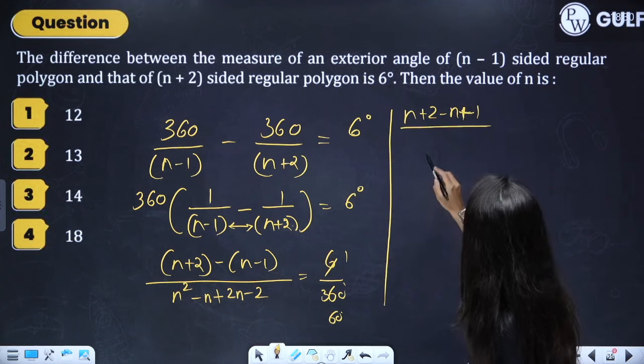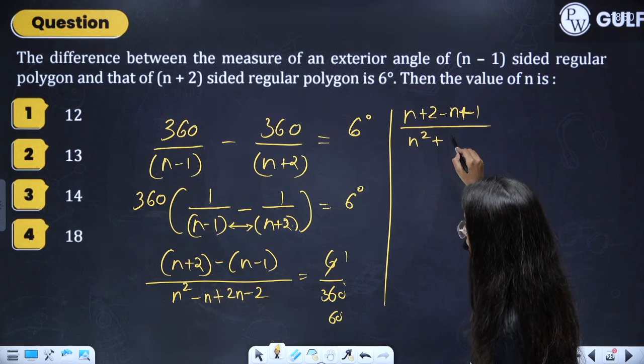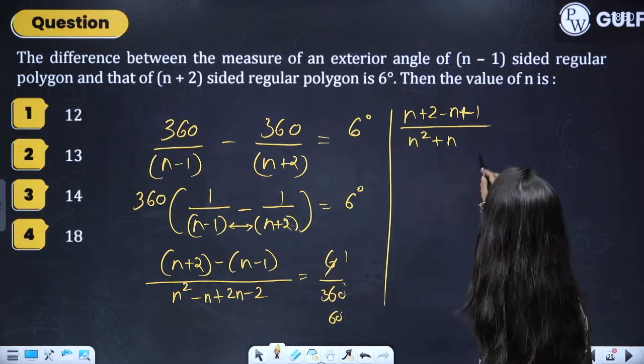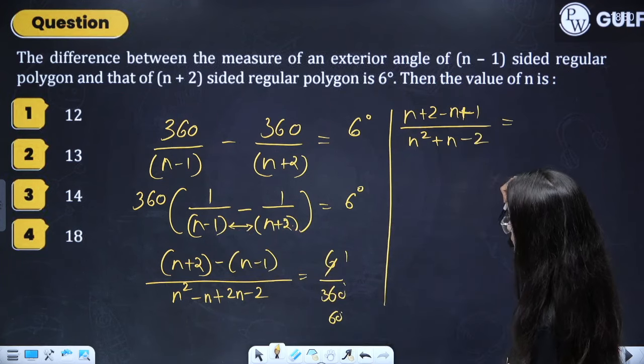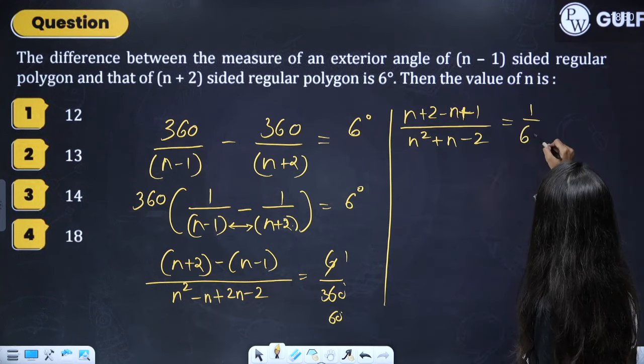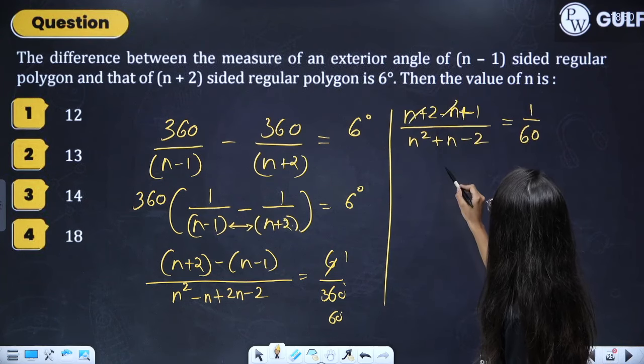Bracket over here, I'll be getting square. 1 by. Okay. So here n getting cancelled.